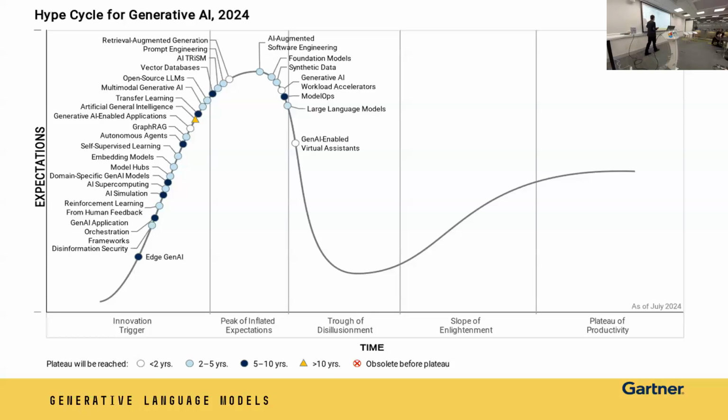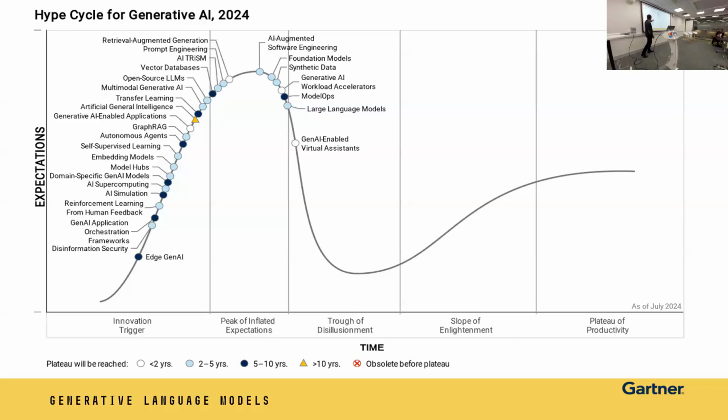This curve is called the hype curve, and I took it from the Gartner consultancy company. They produce this hype curve for every new technology that appears. And in July this year, they published this hype curve for generative artificial intelligence. And it is always this shape. First, when there is an innovation, people have high expectations.